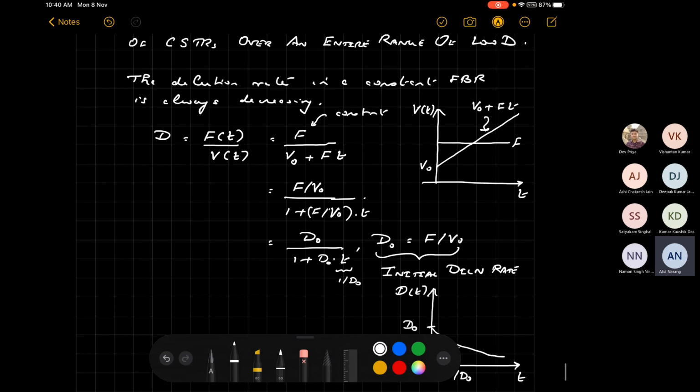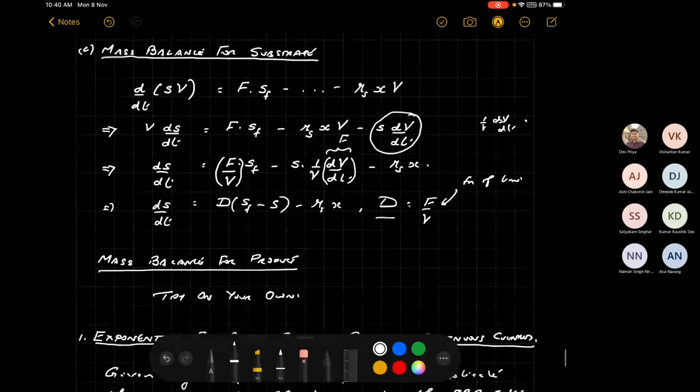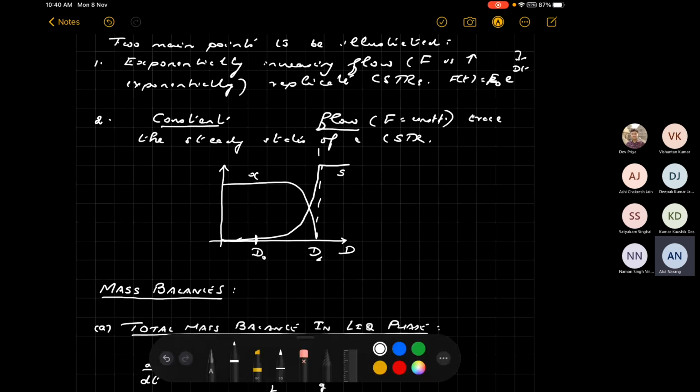So going back to this picture over here, we're starting from some D0, and I'll do it in the red pen. So now we're starting from D0 and going down to the left side. Now suppose this change is taking place very, very slowly, right?